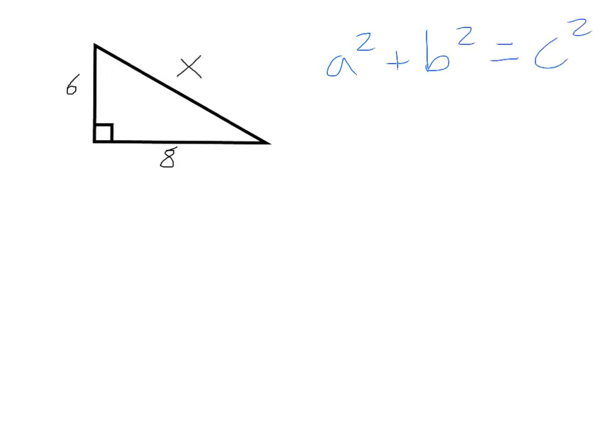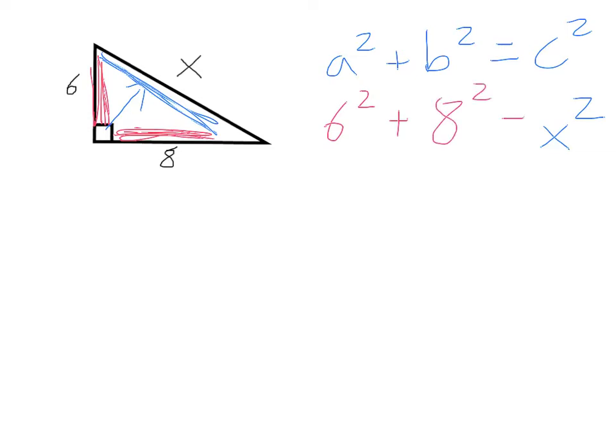Okay, so to set this up with A squared plus B squared equals C squared, we know that our hypotenuse is across from our right angle and is our longest side, so that is going to be our x squared, and the two legs next to our right angle are our A and B, so let's say 6 squared plus 8 squared. Now we can do 6 squared, which is 6 times 6, or 36, plus 8 times 8, which is 64, is equal to x squared.